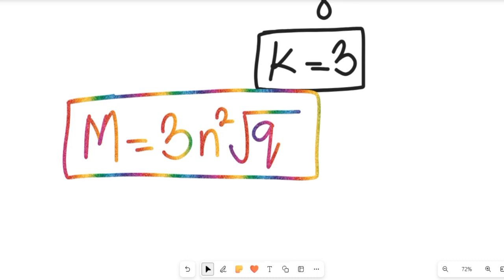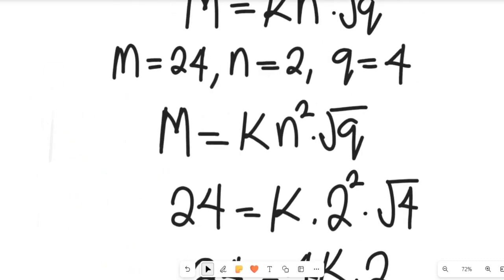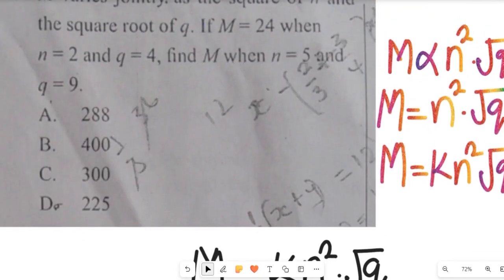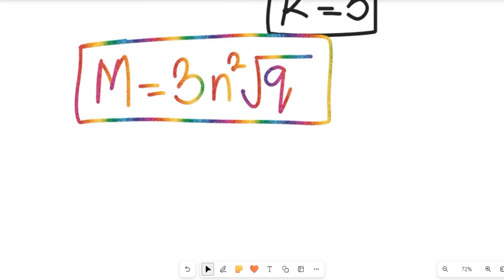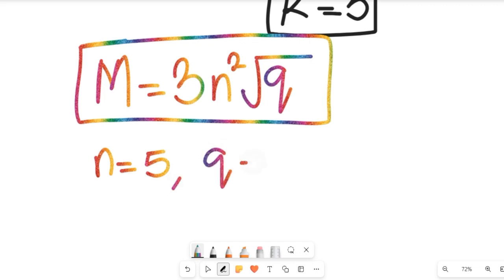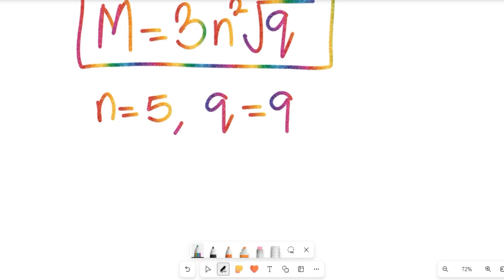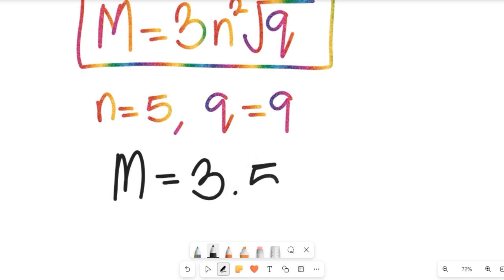Now from that expression, you come to see that we are asked to find m when n is equal to 5 and q is equal to 9. So if n is equal to 5 and q is equal to 9, we can simply find m. So the value of m will be equal to 3 multiplied by 5 squared multiplied by the square root of 9.